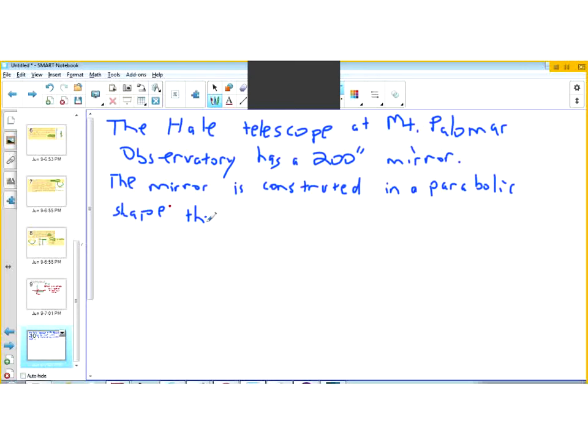It collects light from the stars and focuses at the prime focus.